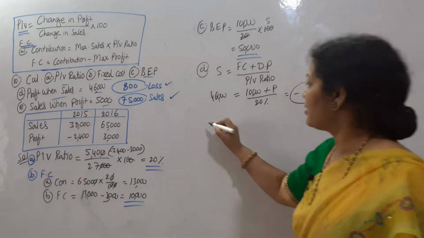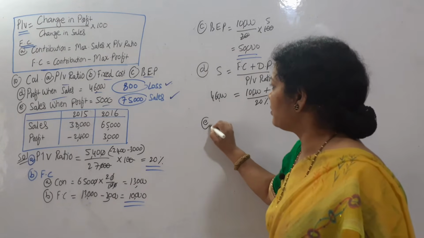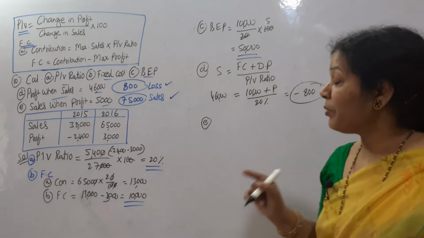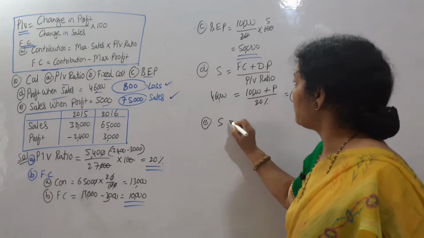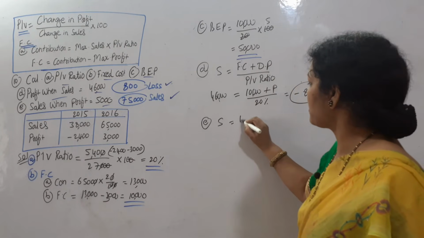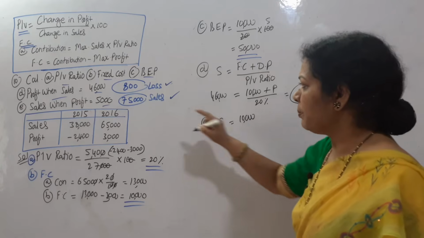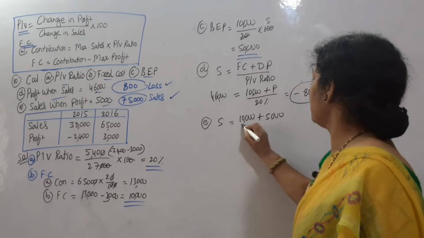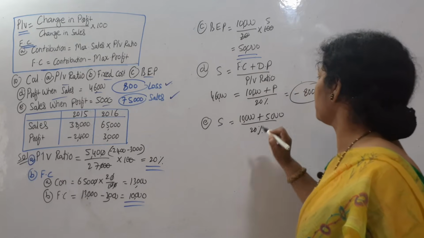Next, sales when profit is 5,000. When profit is 5,000, we wanted to find out the sales. So fixed cost is 10,000 plus 5,000 by 20%.